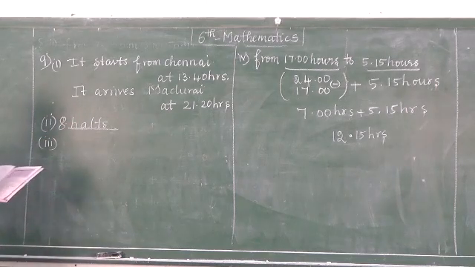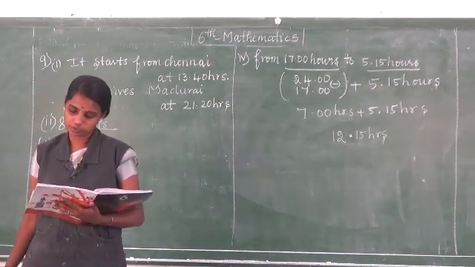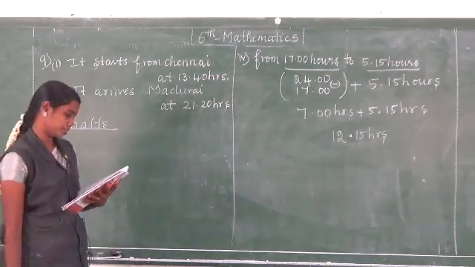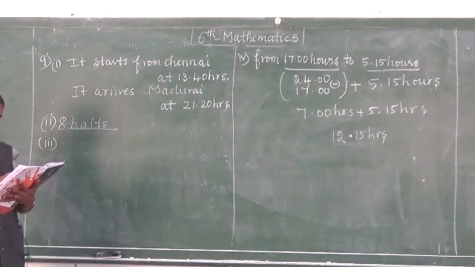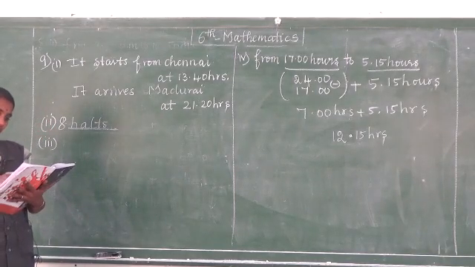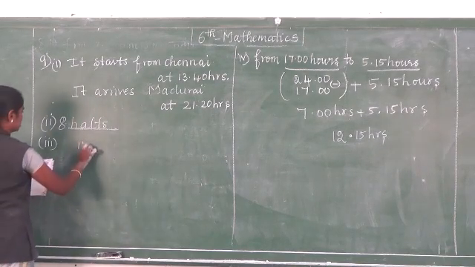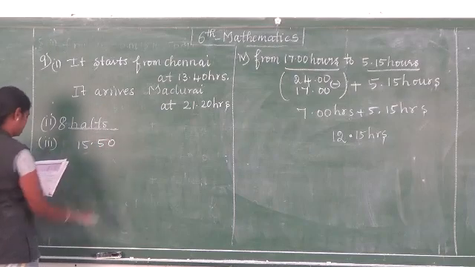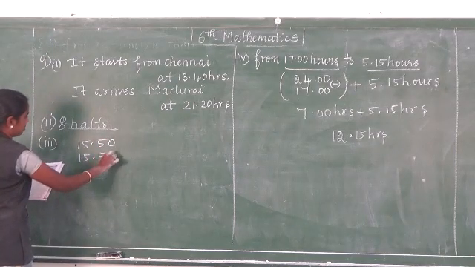Option 3. How long does the train halt at the Viluppuram junction? At the Viluppuram junction, see here, first Chennai, Tambaram, Sengalpattu, Viluppuram. Viluppuram arrival is 15 hours 50 minutes. Departure is 15 hours 55 minutes.